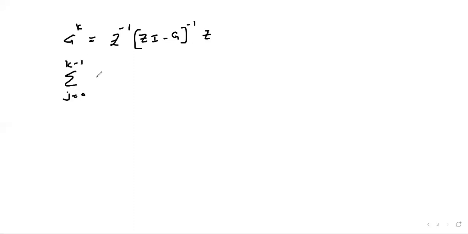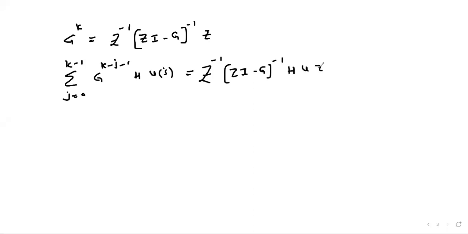Our G power k is equal to the inverse z transform of zI minus G inverse multiplied by z, and our summation of the terms from j equals 0 to k minus 1 of G power k minus j minus 1 multiplied by H u of j is equated to the inverse z transform of the second part, which is zI minus G inverse multiplied by H U of z.